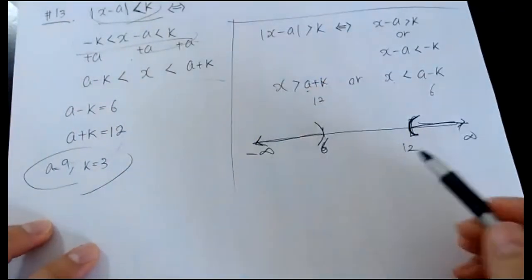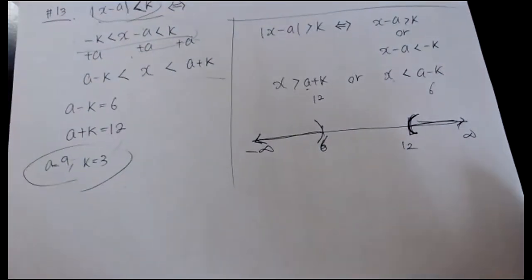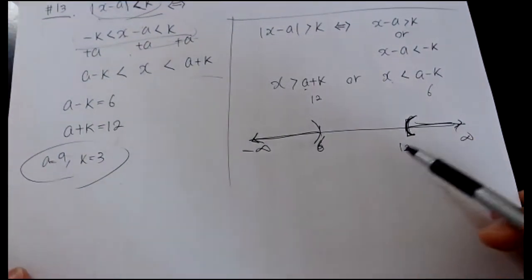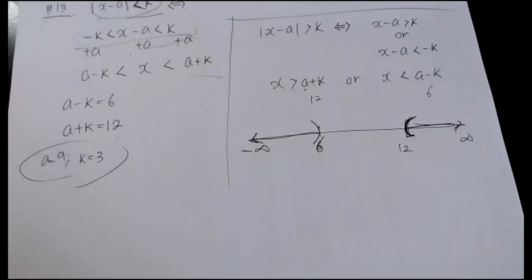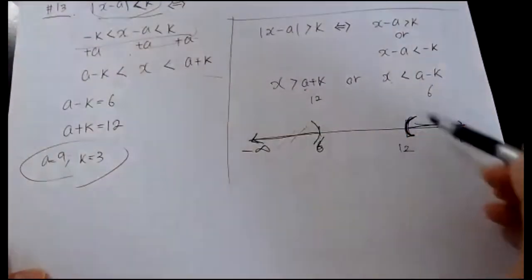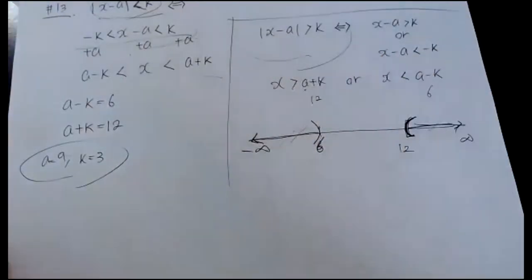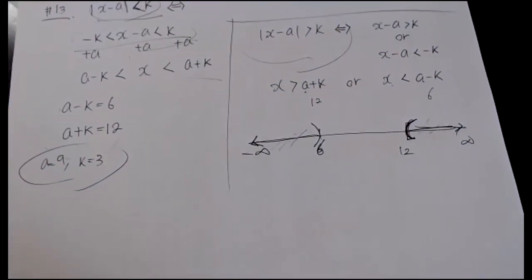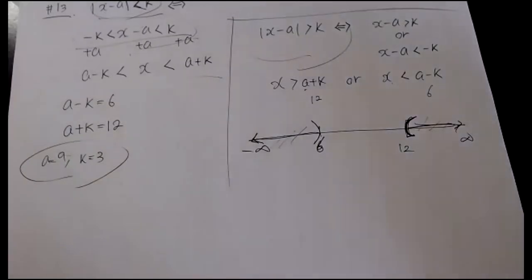So we get the complete opposite set of numbers, not the interval (6, 12) but its complement. So this cannot be the form that has the solution set (6, 12). Keep in mind this.